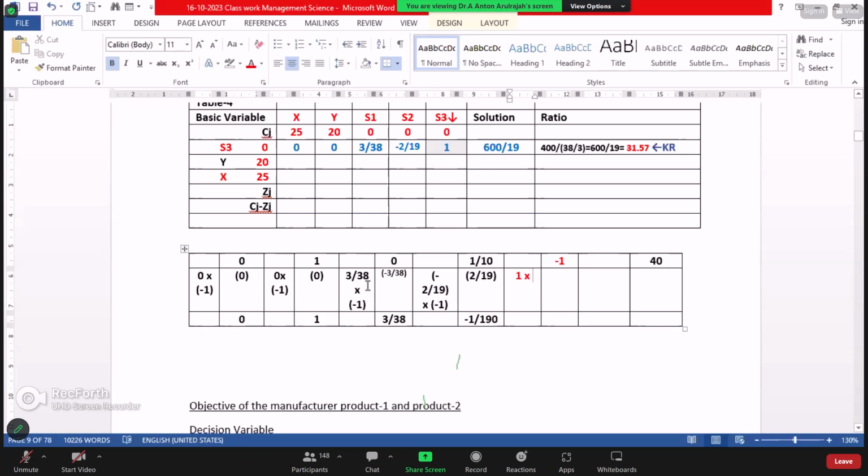This is 3 by 10. 1 has to multiply. The solution is minus 1. Minus 1 minus minus 1.